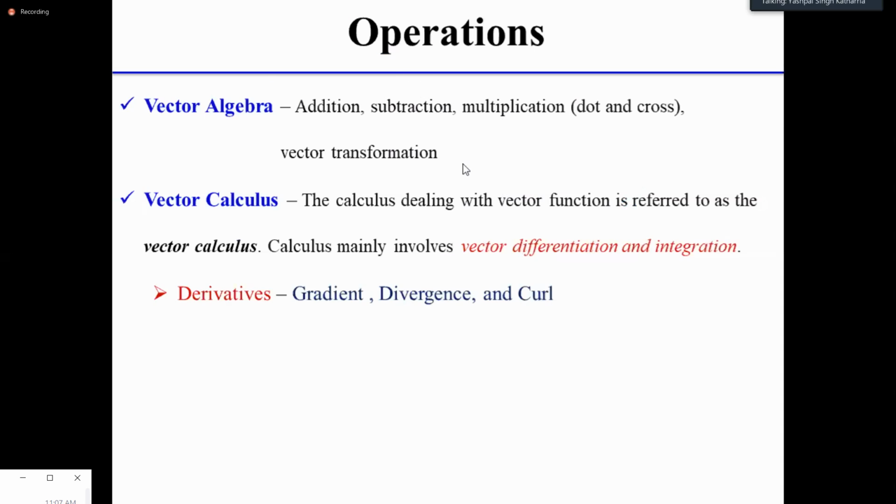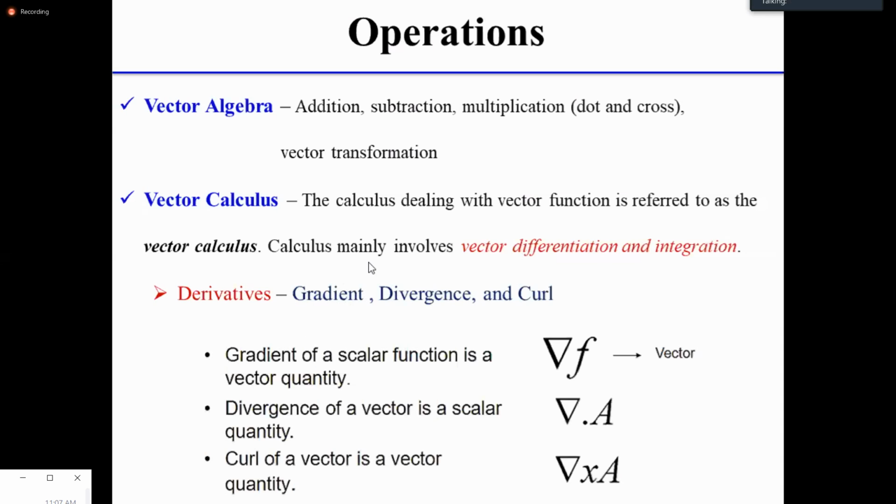Then I told you about the importance of vector algebra and vector calculus, and here we are dealing with vector calculus. So first thing that I want to introduce was gradient. To define these gradient, divergence, or curl, which are different derivatives in case of vector calculus, we defined this del operator.